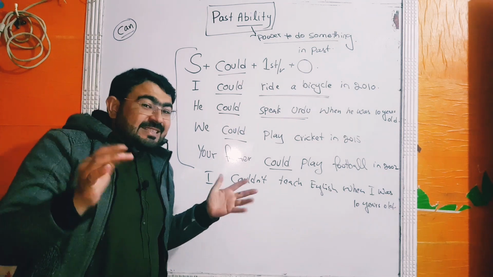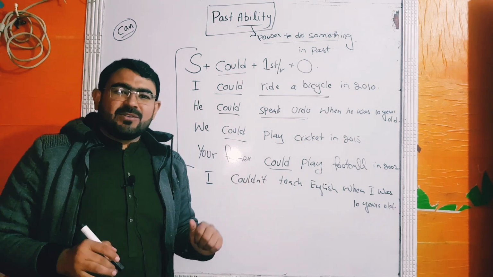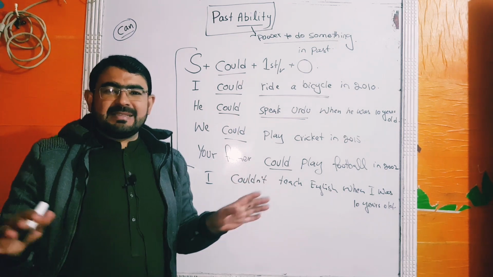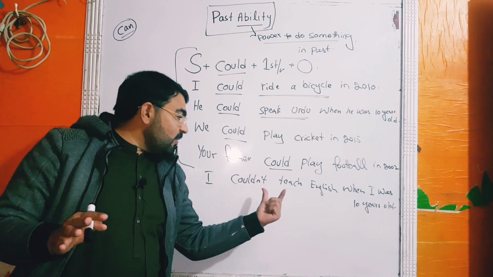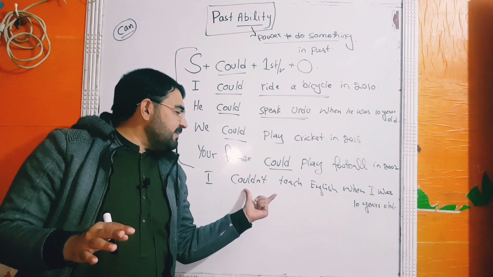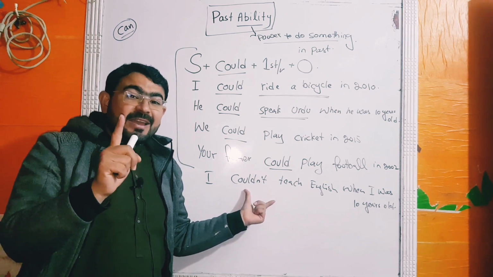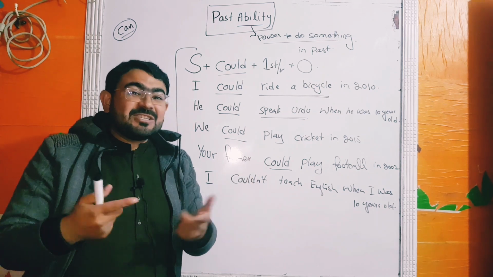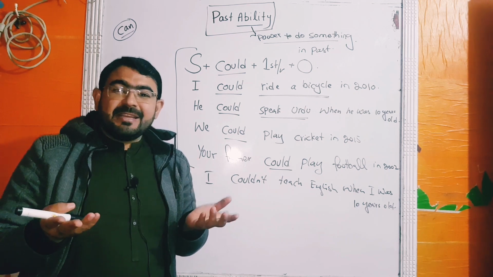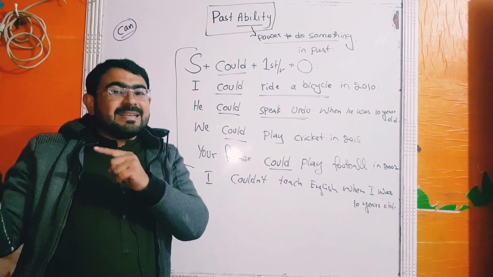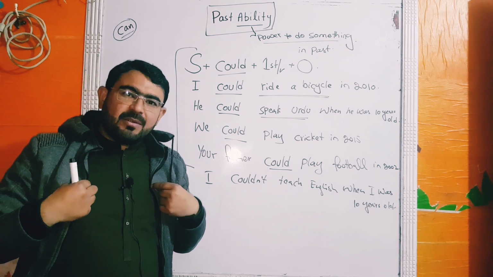I could not teach English when I was 10 years old. That time this was not my skill, not my ability, not my power. But I could speak English when I was 15 years old, when I was 20 years old. But I could not teach English that time. Now this is my power in present time.